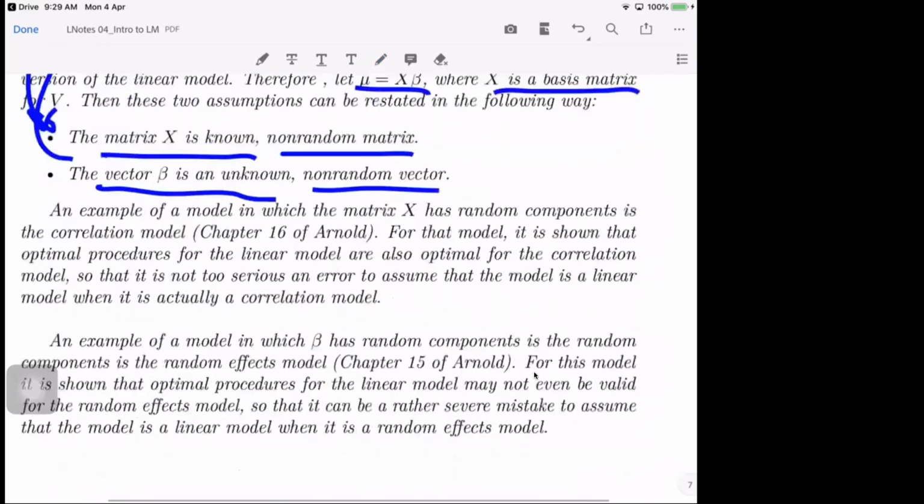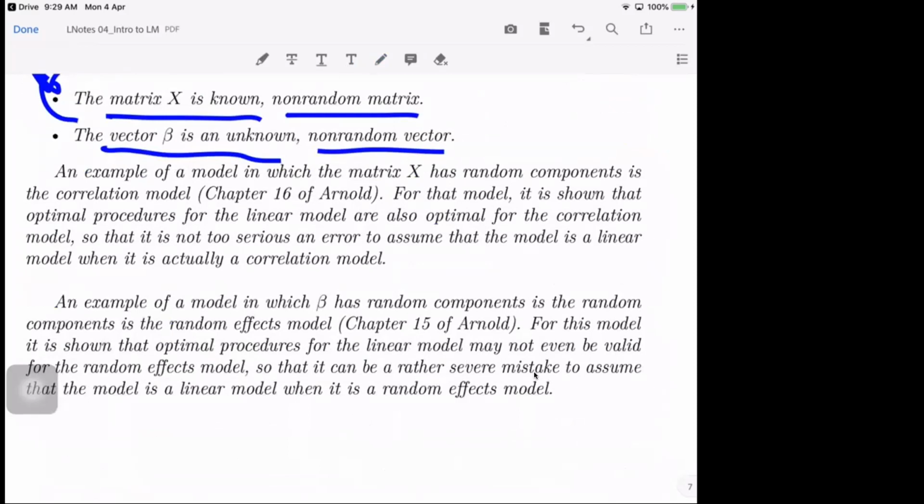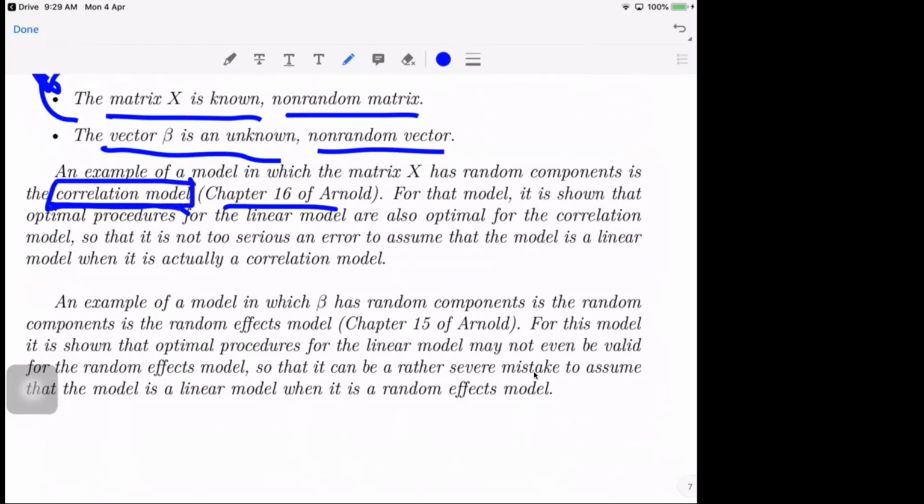An example of a model in which the matrix X has a random component is the correlation model, which is discussed in chapter 16 of Arnold. In the multivariate case, this correlation model will have a statistical method known as canonical correlation analysis. For that model, it is shown that the optimal procedures for the linear model are also optimal for the correlation model, so that it is not too serious an error to assume that the model is a linear model when actually it is a correlation model.